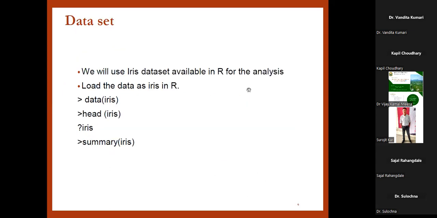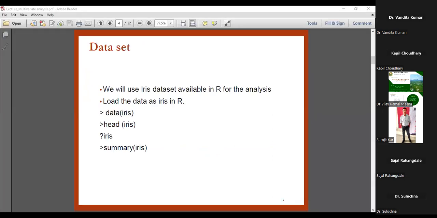So next, I would like to say that we are going to work on a data set in R for multivariate data analysis. The data is called the iris data set, which is available in R. So let me open my R, and I would like the participants also to open their R screen.